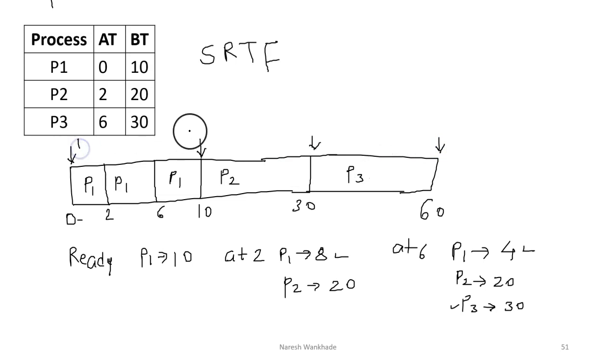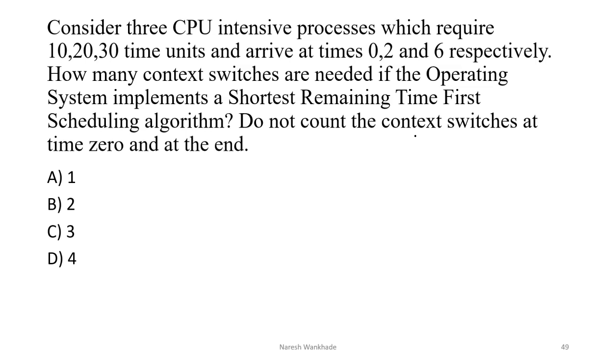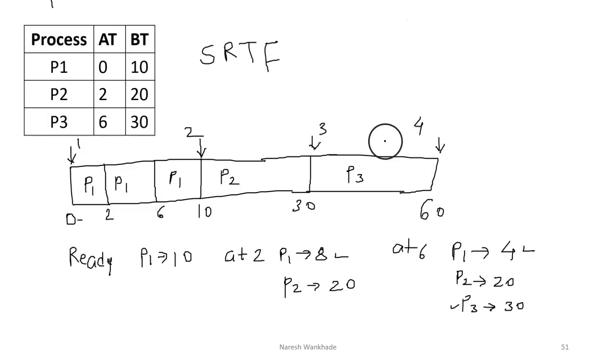It means we need 1, 2, 3, 4 switches. And what was given in the problem? That we should not count the context switches at time 0 and at the end. It means here the problem says not to count switches at the beginning and at the end.